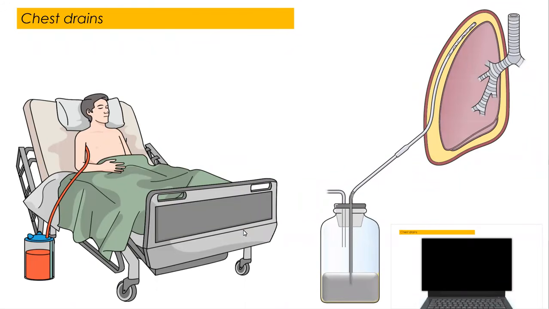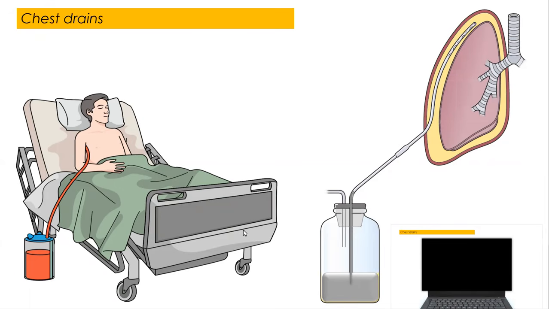Simply, you have to know 2 things. You have to do a chest X-ray after putting a drain to ensure that it is in and it has treated successfully pneumothorax or hemothorax. And this is chest X-ray after putting the drain in.